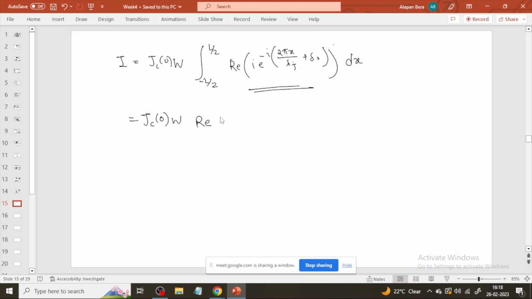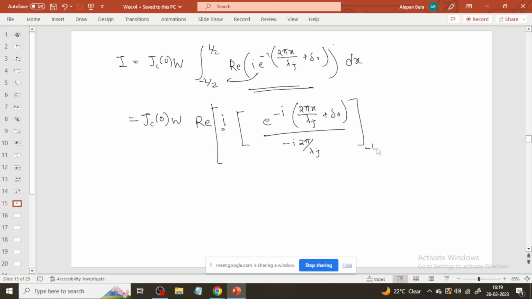We get the real part of i, which goes out here, times the exponential of minus i 2 pi x by lambda j plus delta, divided by minus i into 2 pi by lambda j, evaluated from minus L by 2 to plus L by 2. So this is our total final expression after integration.